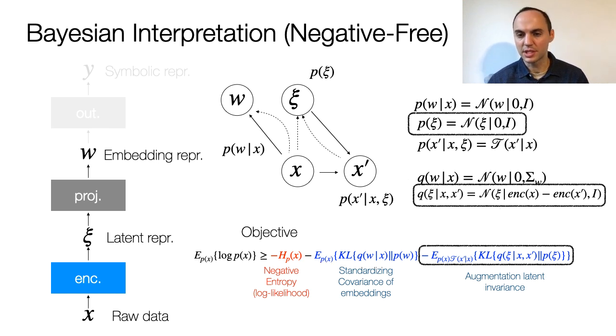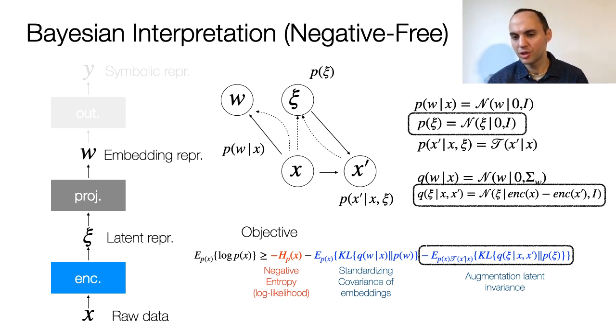The second distance instead forces the auxiliary distribution over the latent representation to be as close as possible to the prior of the latent representation. And again, let's see the definition of the conditional distributions. We see that both of them are Gaussian distributed, but this time they have the same covariance matrix, but different mean values.